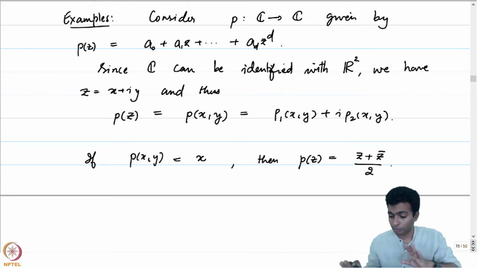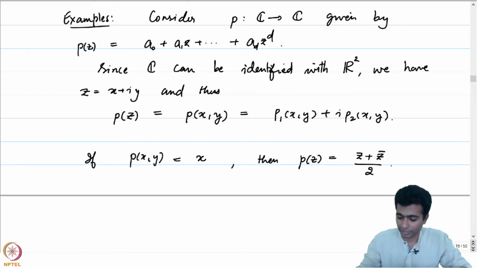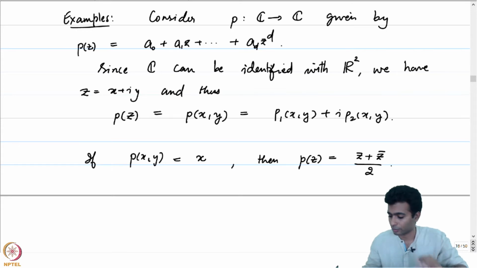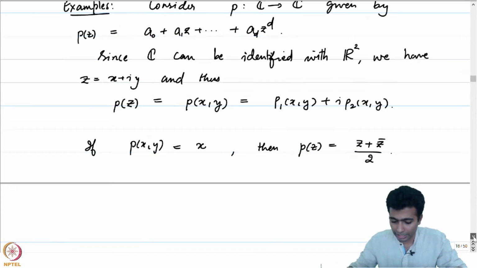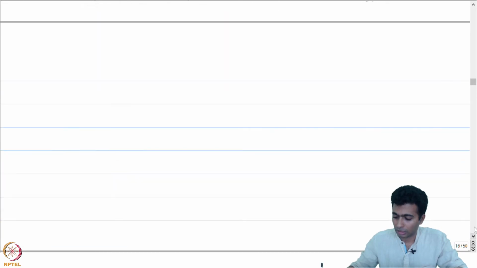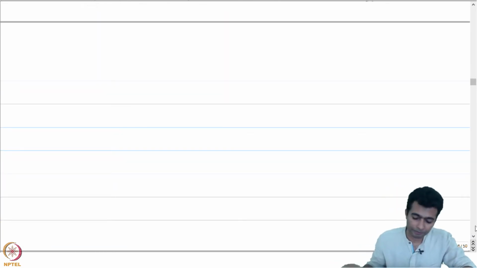And this is not a polynomial just in z, there is a z bar featuring in it. So you cannot write every polynomial in xy as a polynomial in z. That is to be kept in mind. We'll come back to all this again. So polynomials in z are a good class of examples we would be interested in.